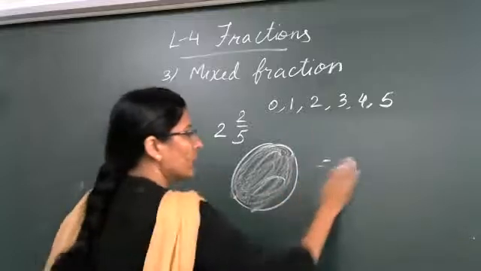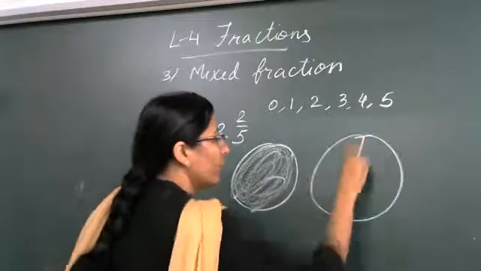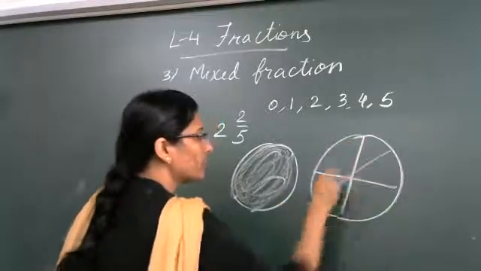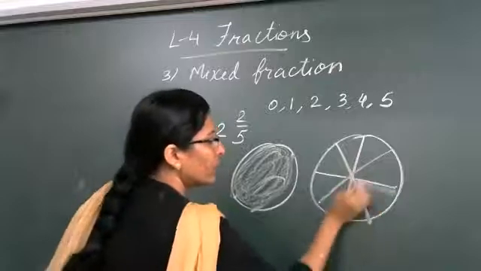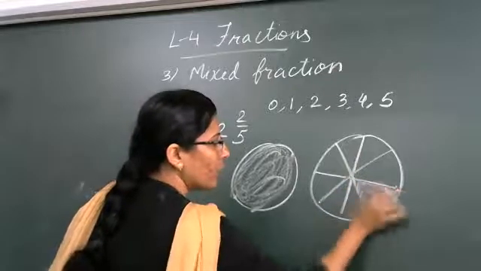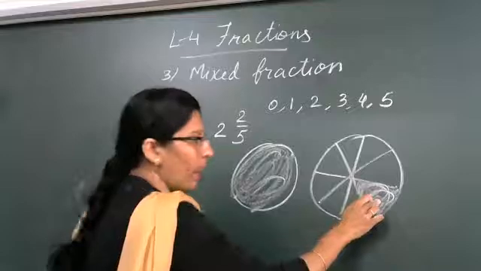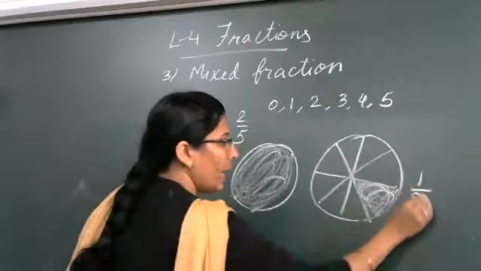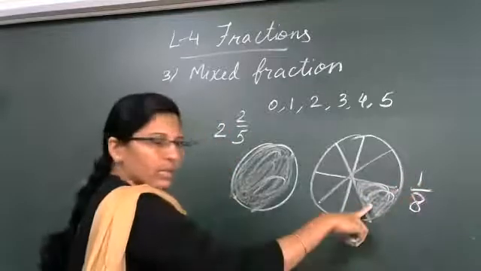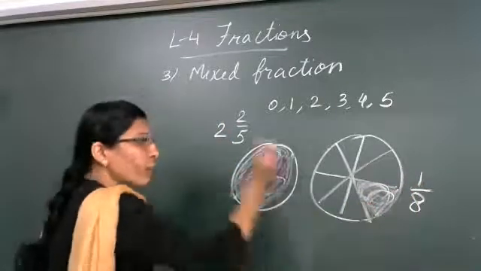One pizza, and if the parts are made, now this one part, if you remove out of these 8, this is 1 by 8, and this is one full pizza.